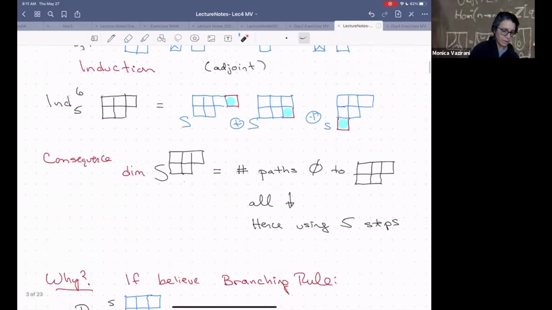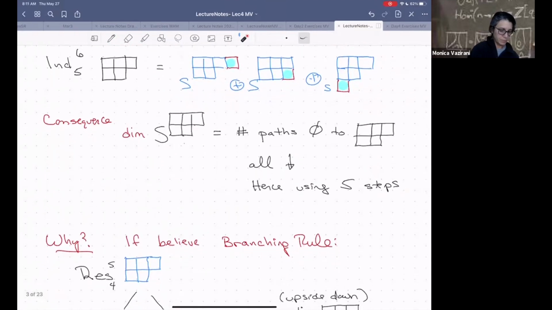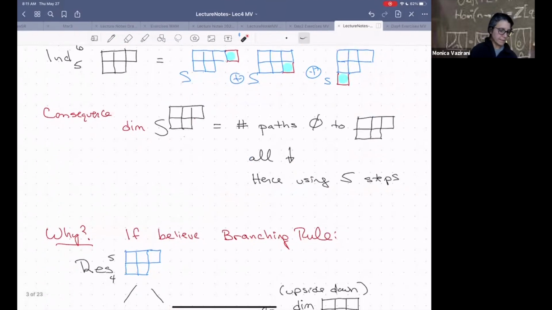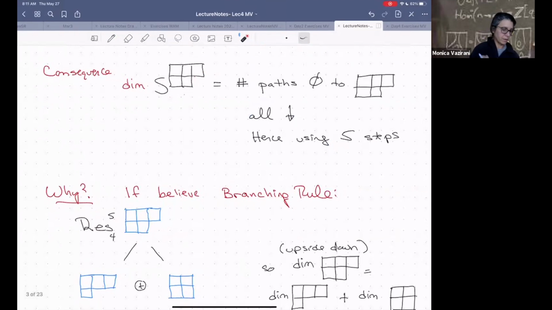Okay, and so why should that be? Well, if you believe in the branching rule, right, I take this representation, and if I restrict it from 5 to 4, I have to get rid of this box and I get 3, 1, or I can get rid of this box and I get 2, 2.